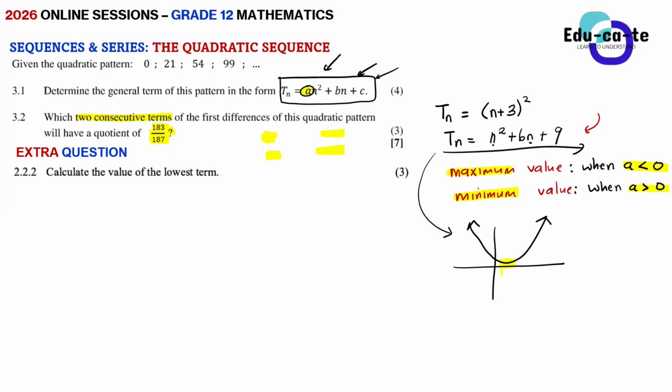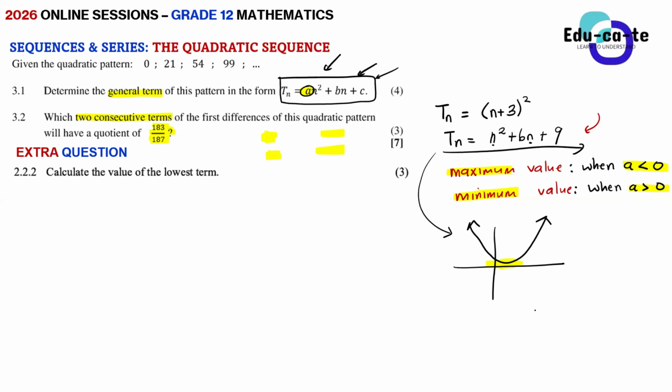That's why we say that if the value of a in your quadratic general term is positive, you are going to have a minimum value. Are we kind of getting the sense?